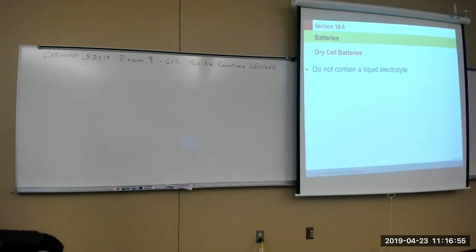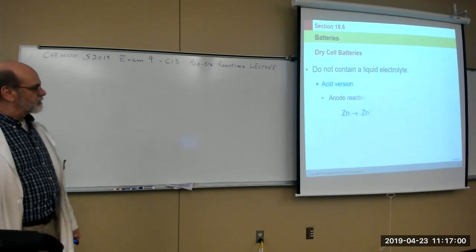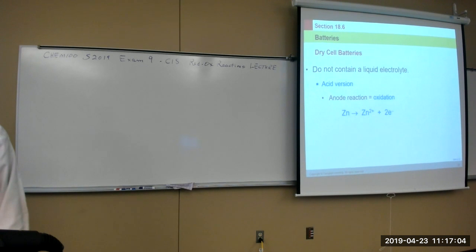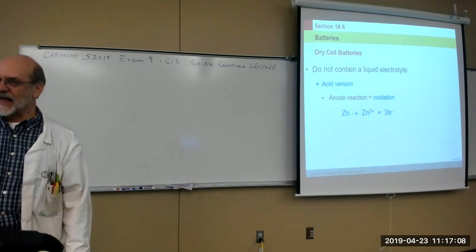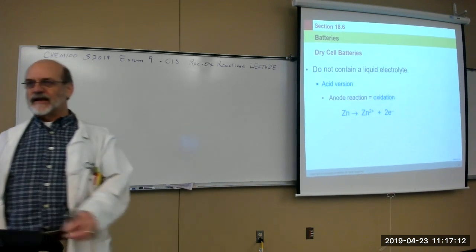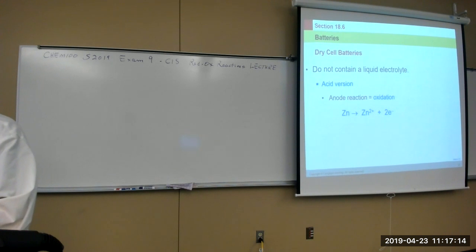Dry cell batteries, like the kind you put in your flashlight. They're different versions. They're called dry cells because they don't have spilling liquids like you would have in a lead acid battery. But you still have an aqueous environment within the battery. It's just kind of pasty. There's not a lot of water.